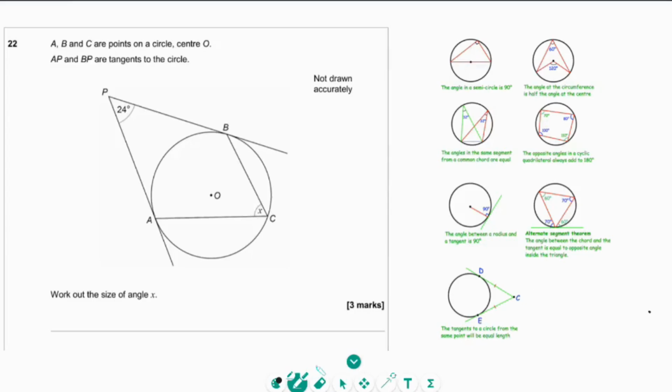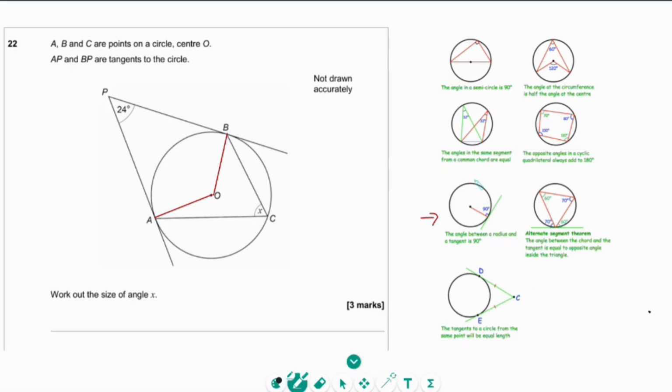Question 22. A, B and C are points on a circle centred O. AP and PB are tangents to the circle. Work out the value of x. I'm just going to join up A to O with a straight line and O to B. Because we've got two tangents, let's look at these tangent theorems first.